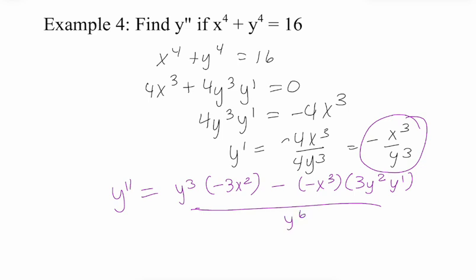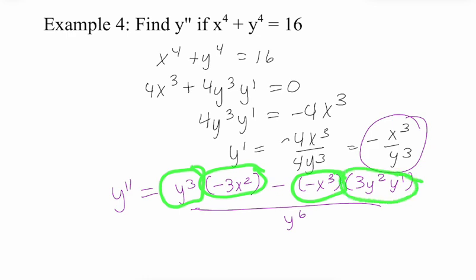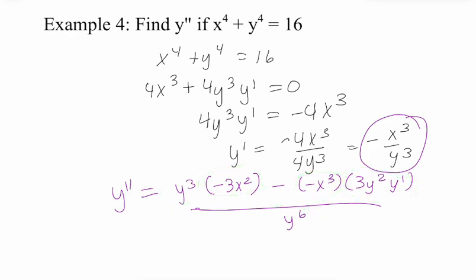Okay, so let's talk about what I did again. Bottom times the derivative of the top minus top times the derivative of the bottom, all over the bottom squared. Okay, so I just did the quotient rule.